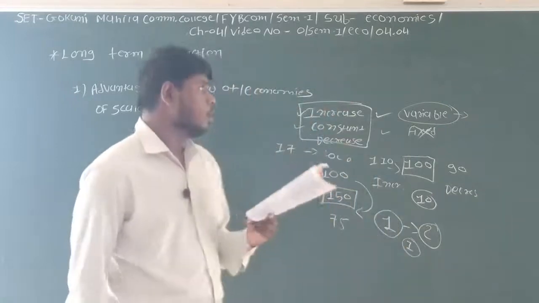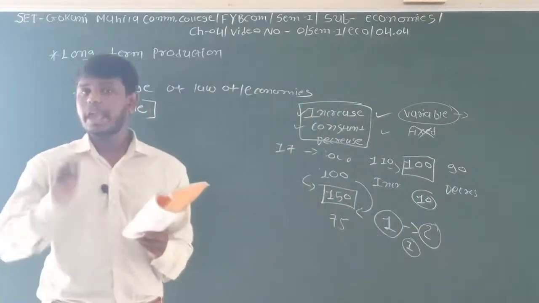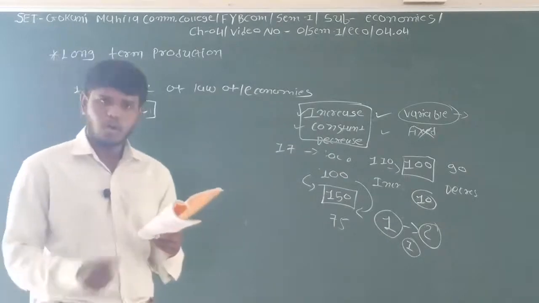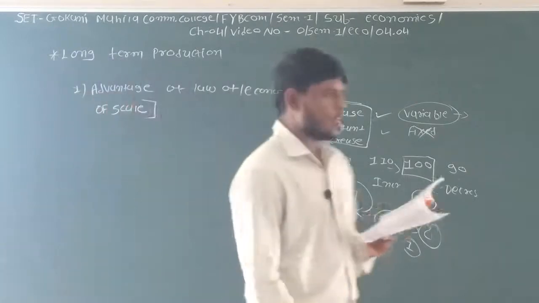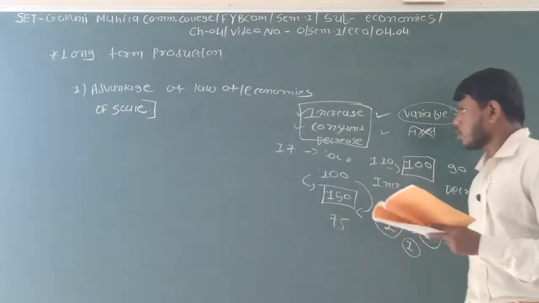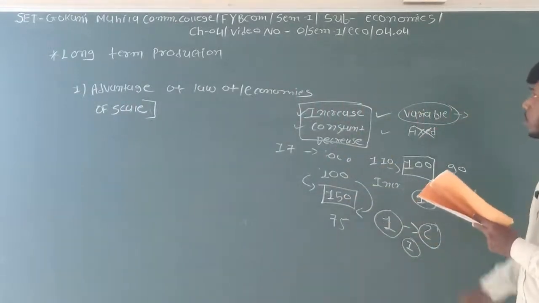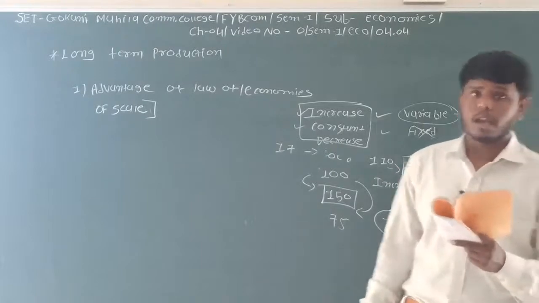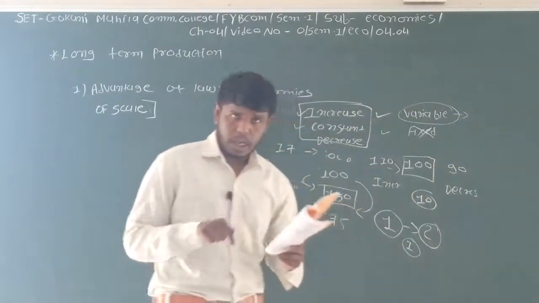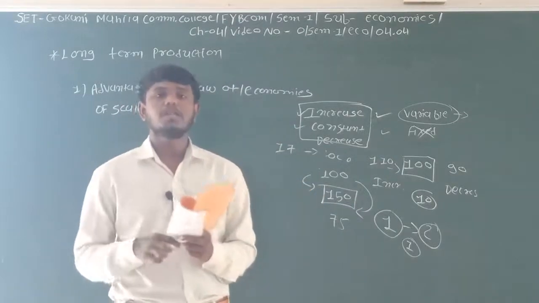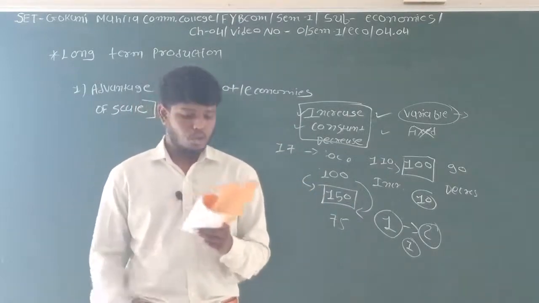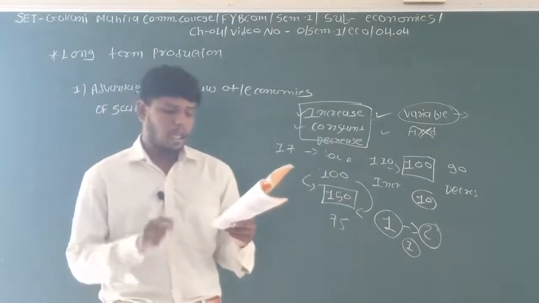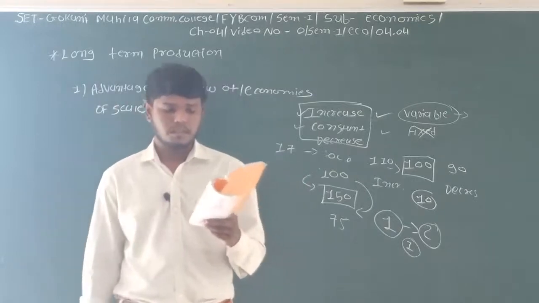As we have seen, in the long run, each and every factor of production is variable; you can make changes in any factor of production. But you must keep in mind, while understanding this law, that there is no change in the plan of your business enterprise as well as the managers.